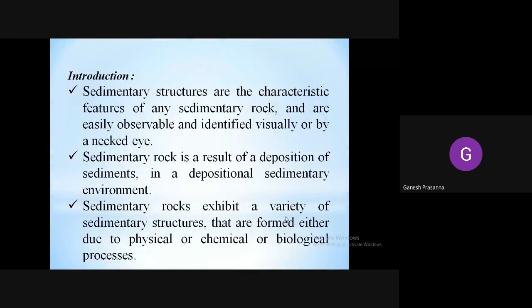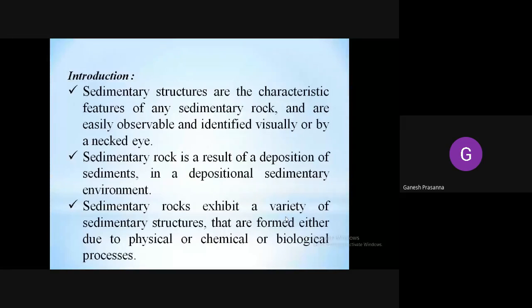So now, what are the sedimentary structures? These are the structures which are the characteristic features of any sedimentary rocks, which are easily observed and easily identified by the naked eye. You can identify them very clearly without the aid of any other things.